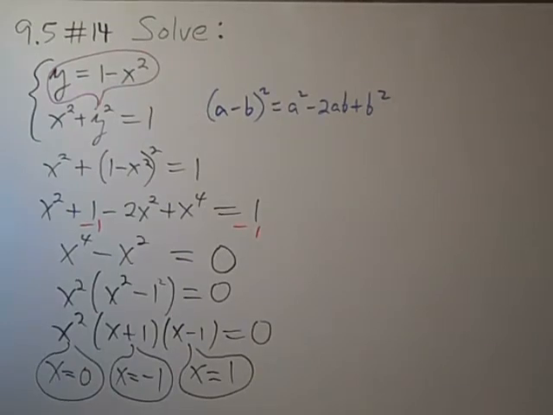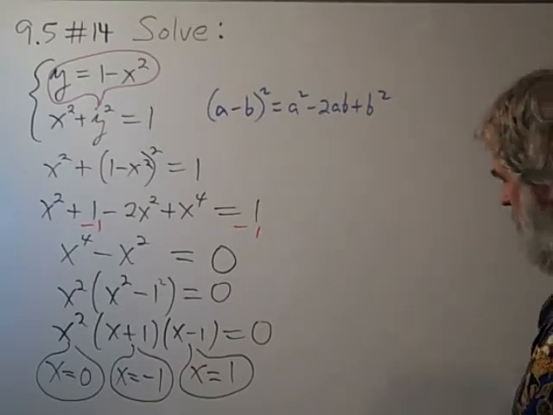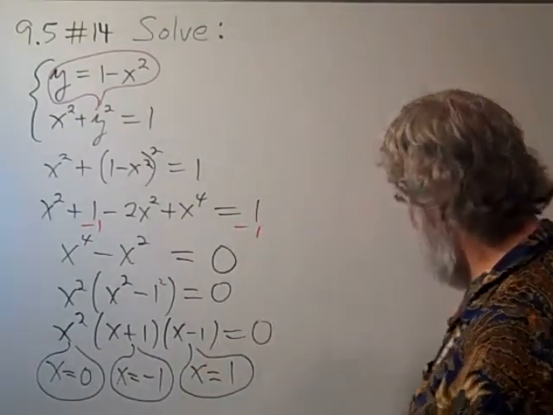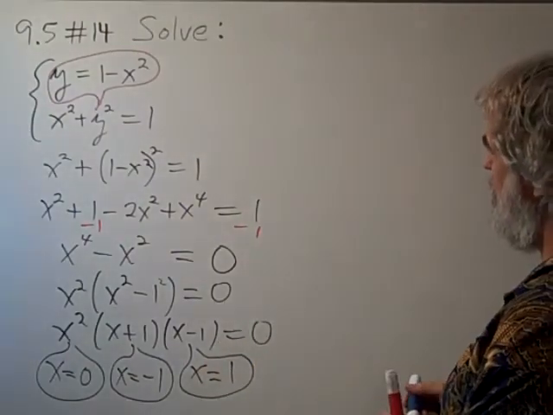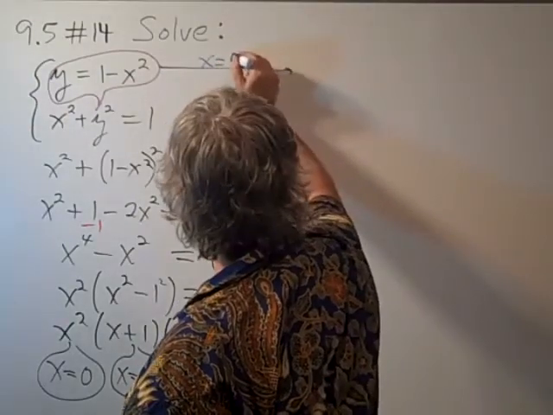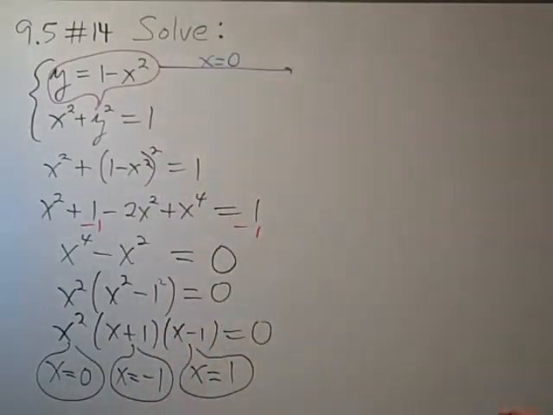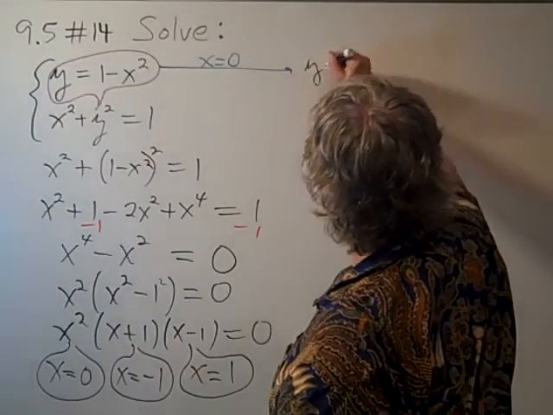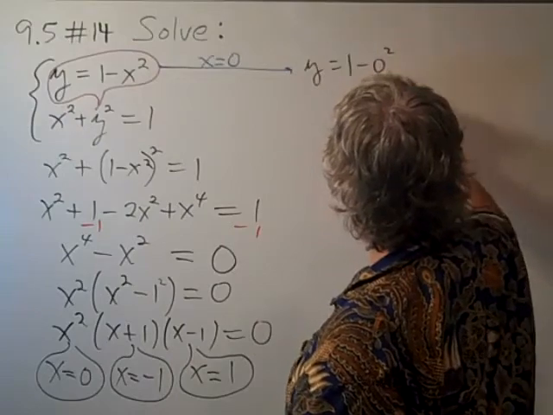And now we need to go find the y values that go with each of these. And we'll use the same equation that we used in the beginning to substitute to find that. So first of all, with x equaling 0, let's see what y is equal to. Y is 1 minus x squared, so y is equal to 1 minus 0 squared.